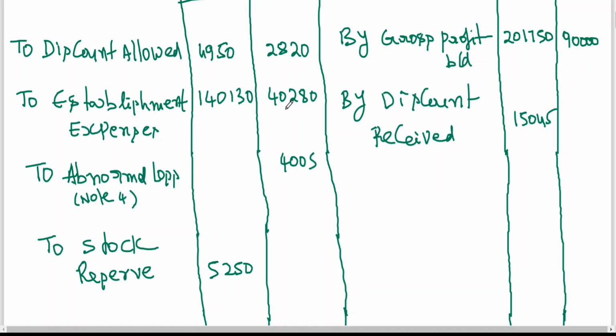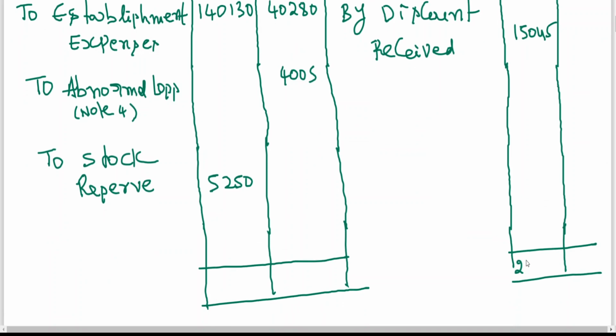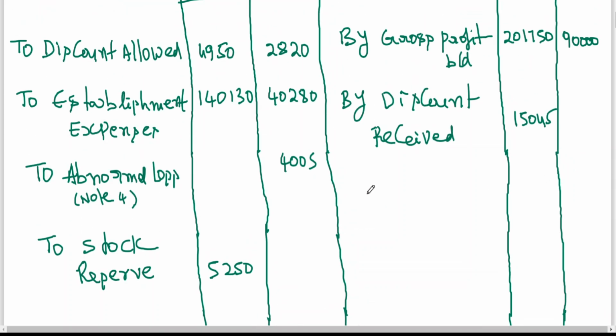2,01,750 plus 15,045 is 2,16,975. Two lakh 16,975 minus 4,950, minus 1,40,130, minus 5,000.